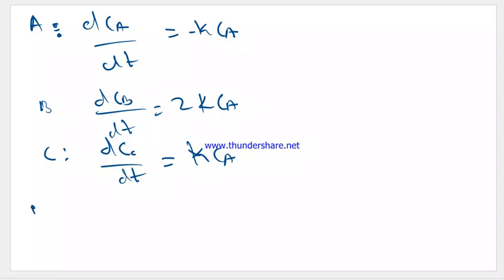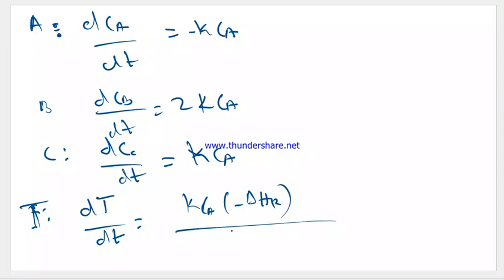And for energy or temperature, dT/dt is equal to kCA times minus delta HR, all over rho Cp.